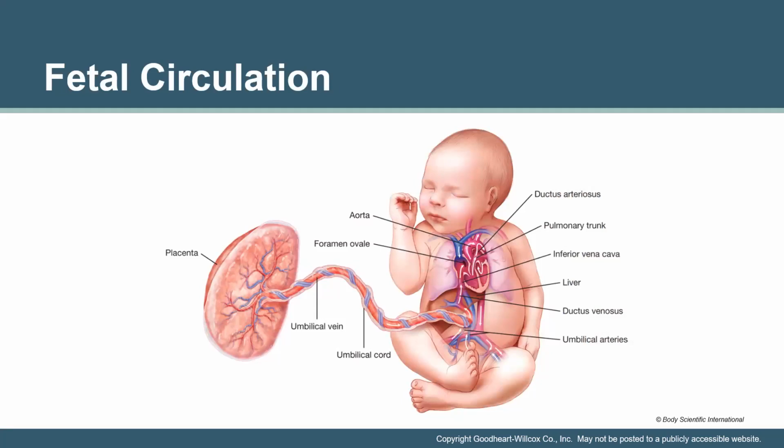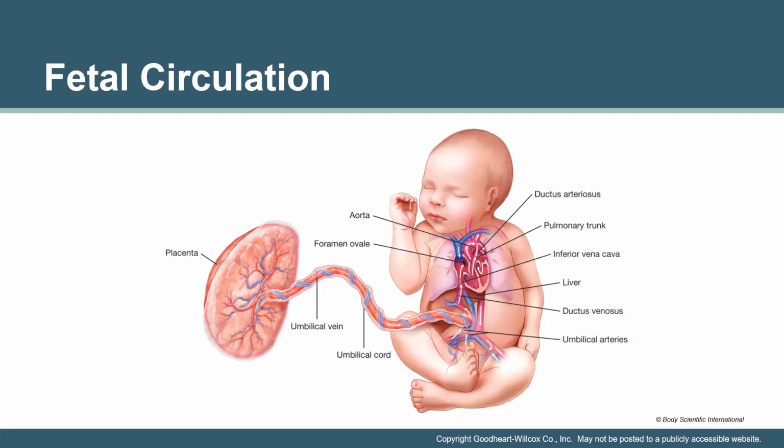So most blood will enter the fetal heart through what's called the ductus venosus vein, bypassing the liver and going directly to the right atrium by way of the inferior vena cava. The blood will bypass the right ventricle and is shunted to the left atrium through an opening in the septal wall. This is called the foramen ovale.